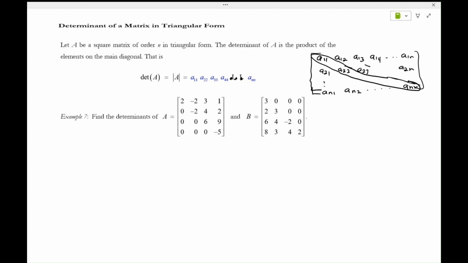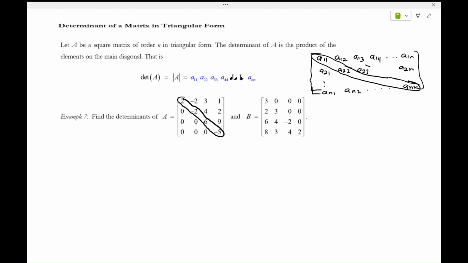Yes, this is in triangular form, because if you look at this matrix, where is the main diagonal? You see that below the main diagonal, every element is 0.